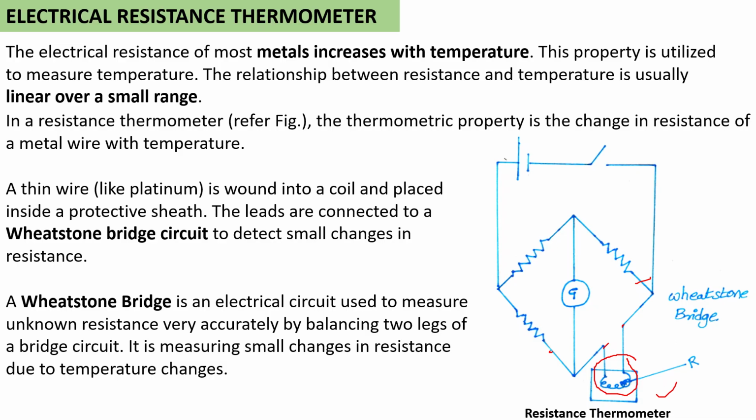In general, a Wheatstone bridge is an electrical circuit used to measure an unknown resistance very accurately by balancing the two legs of a bridge circuit. This Wheatstone bridge measures the small changes in resistance due to temperature changes.